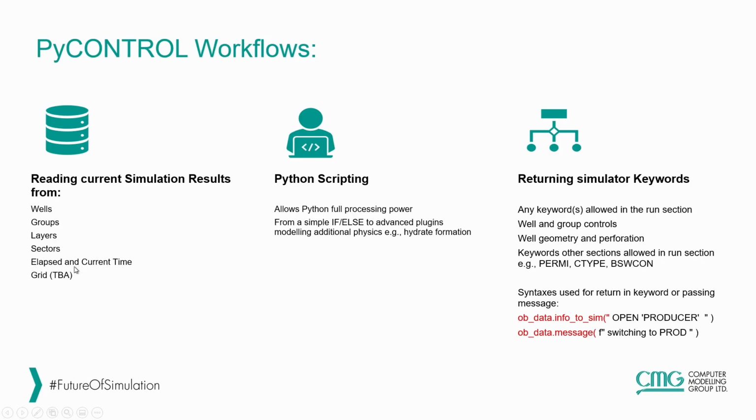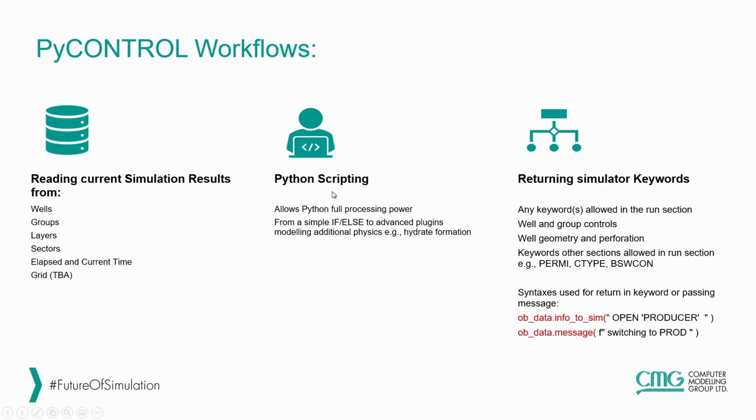Hopefully in future releases, we also get access to the grid data, things like current saturations, current temperatures, and pressure. But for now, we have access to all the other sources in the list. For each source, there's a list of the parameters that is currently available.